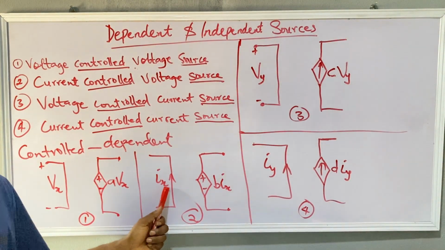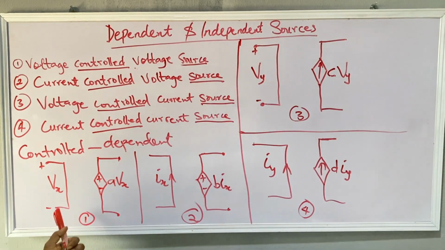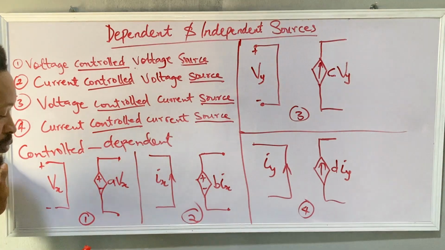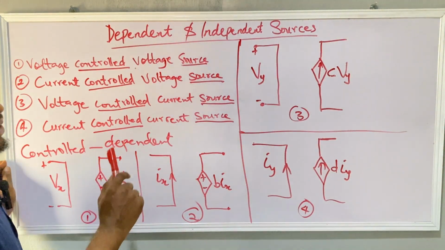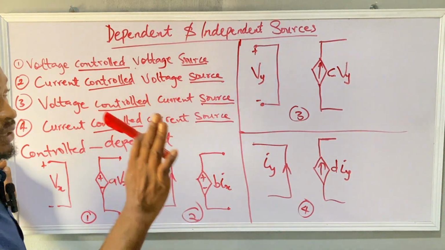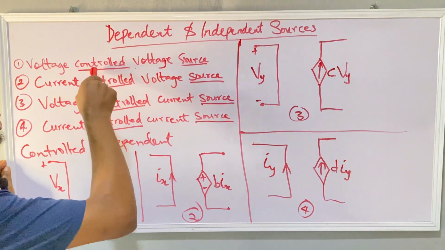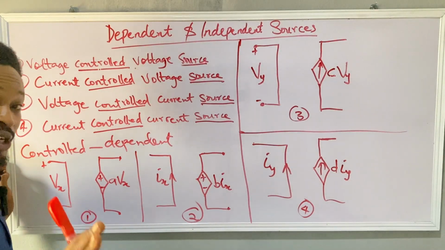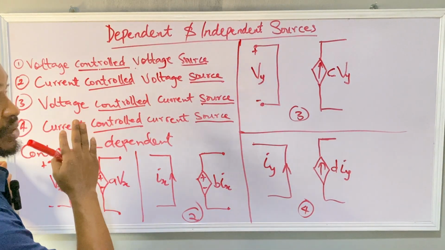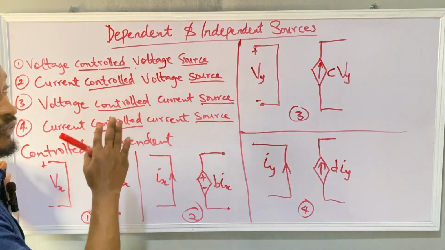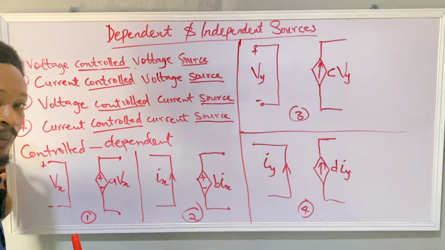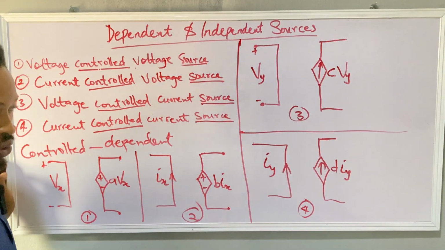This is independent source. This is a dependent source, and this is independent source. So in all this, you will see that they have something in common: source, control, or dependent. This is the simplest way to know all the four different types of controlled sources that we have in DC network.